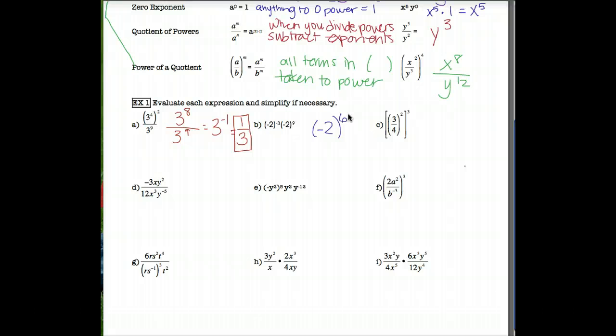And so in this case, because the base happens to be a number, we actually do need to simplify that. So you need to press into your calculator, negative 2 raised to the 6th power. Make sure you actually use the parentheses. Remember, if you don't, it's going to tell you that it's negative 64, when really the answer should be positive 64.